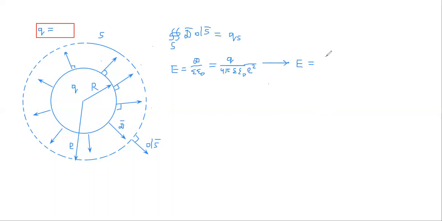It will look like this: 1 divided by 4 pi epsilon 0, Q divided by the modulus of vector r to the power of 3, multiplied by the radius vector.